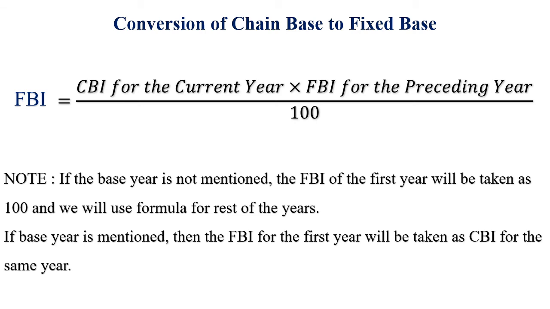And if it is not mentioned, then we just have to glance at the given question, and if we don't know what the base year is, just take the first year as the base year. But usually that will not happen. In usual cases, you will always get a base year because you are supposed to calculate FBI, for which the base year is most essential.